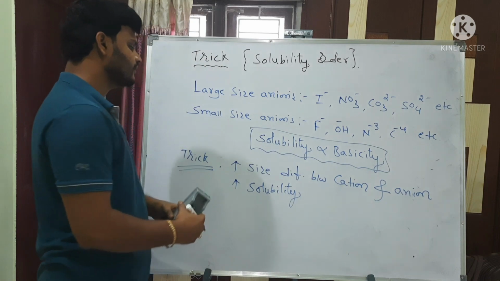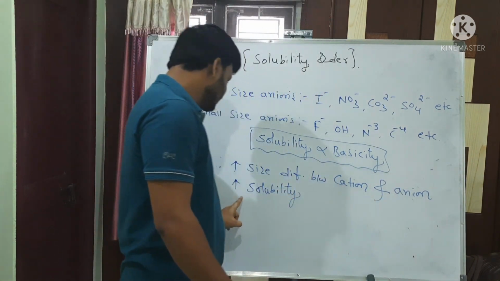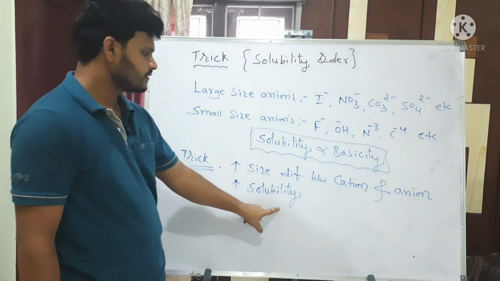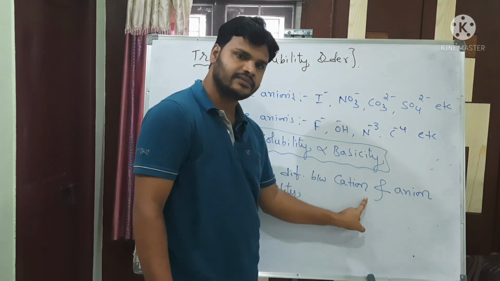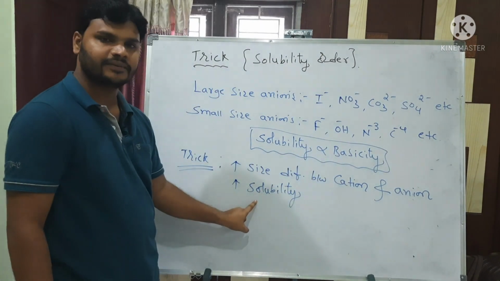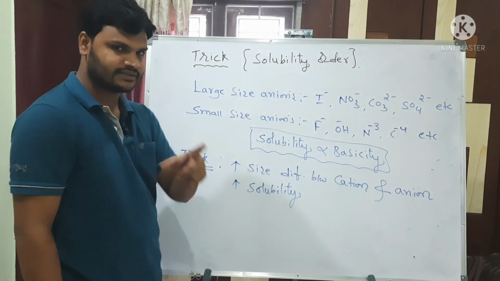What is the trick, student? Increase the size difference between cation and anion, then increase the solubility. So the size difference between the cation and anion increases, then solubility increases. That is the meaning. This point is for Hindi students.